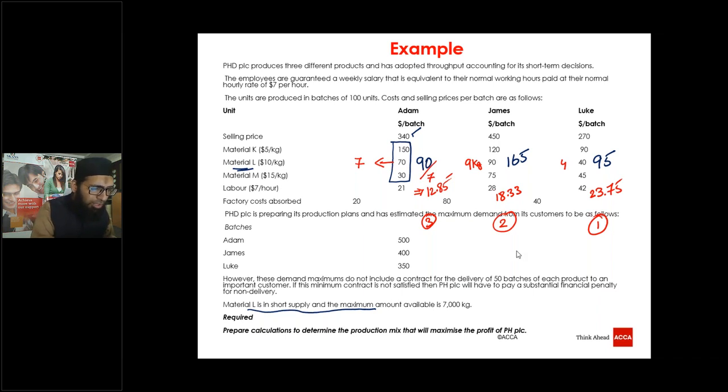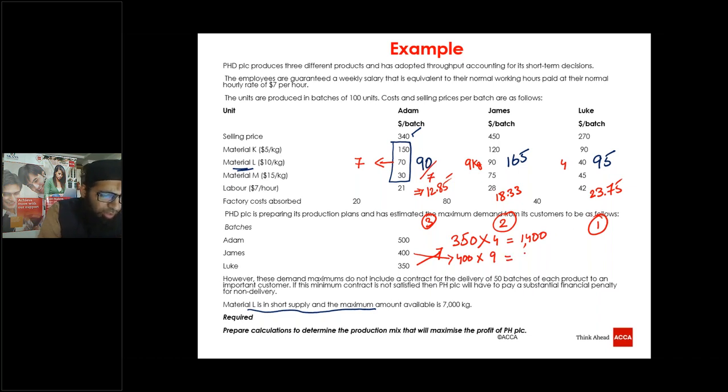Now I will make a production plan. First of all, I will produce Luke. So this will be 350. Each unit of Luke requires 4 kg. That means I will be using 1400 kg to produce Luke. Then I will produce James. So 400 units. Each unit will require 9 kg.